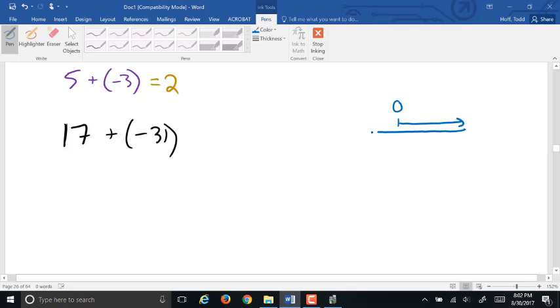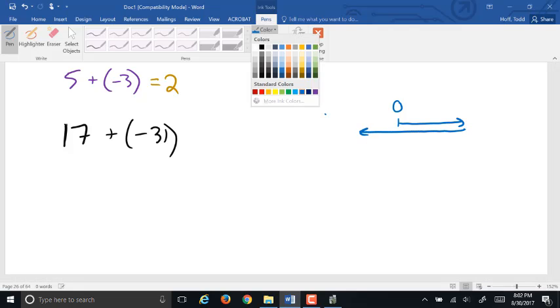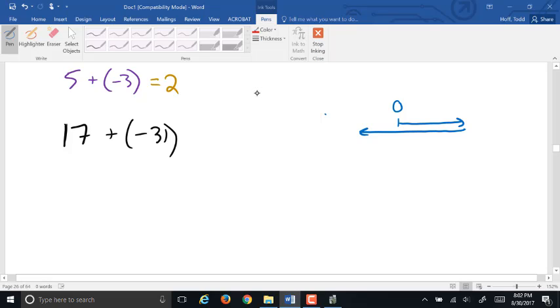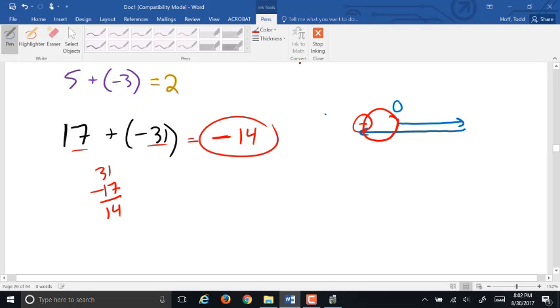So since it's longer, it goes past 0. So what this tells me about my answer, first of all, is I'm on the negative side. So my answer is going to be negative. The second thing it tells me is, since my vectors go in opposite directions, the magnitude of my answer is the difference in the lengths of the vectors, the difference in the magnitudes. What's the difference between 17 and 31? You got it, 14. So my answer is a negative 14.